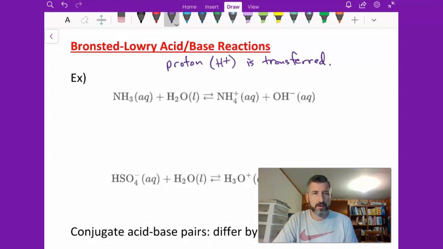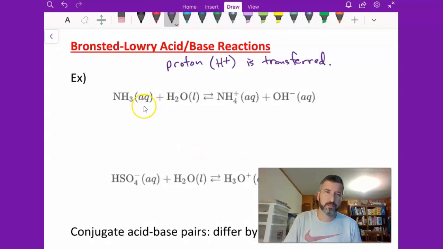So what I want you to do now is take a look at this first example and see if you can figure out which one is acting as a base on the left side here. We have NH3 and H2O, and which one is acting as a Bronsted-Lowry base, remembering that a base is a thing that accepts a hydrogen?